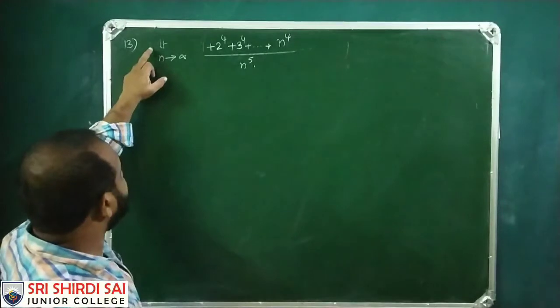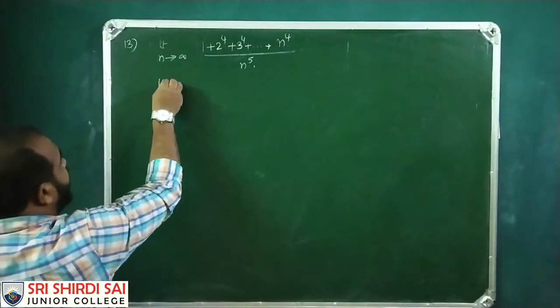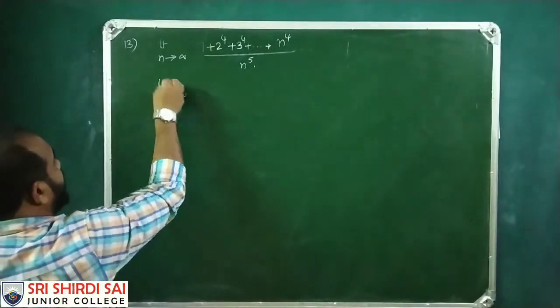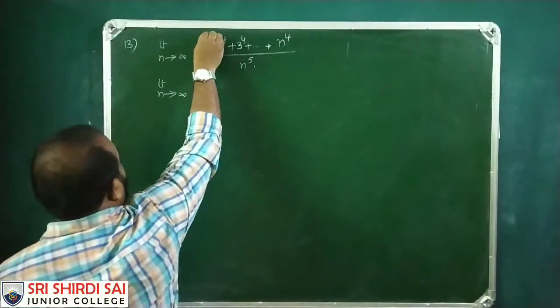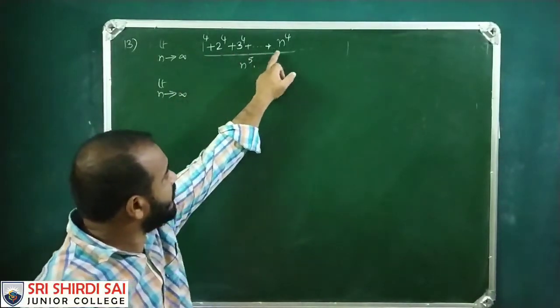So the next question is the limit as n tends to infinity of this given expression. The 1 can also be written as 1 power 4, so 1 power 4, 2 power 4, 3 power 4, etc., up to n power 4.